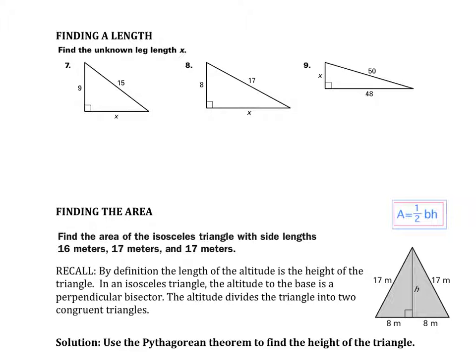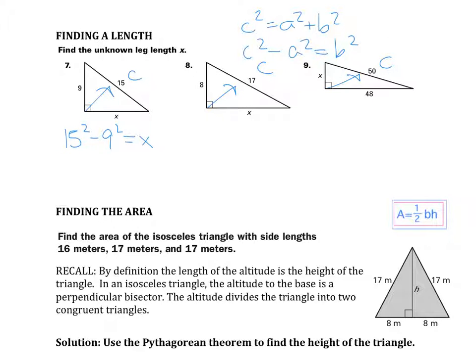Now we're going to find an unknown length. So we're going to be given this C. Remember that C squared equals A squared plus B squared. So if I want to find a leg, I can just subtract the square of one of the others. And then again, you have to take the square root.